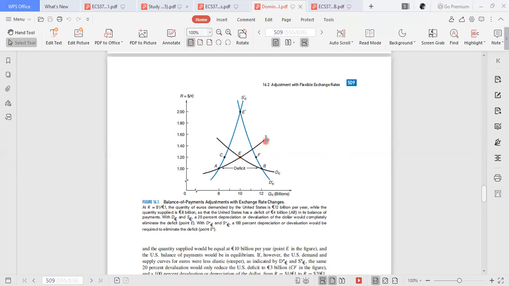So only the supply of bread and the demand of the bread will give us the equilibrium price of bread. We cannot mix the two. And you have to take note that this is our referral currency. Our referral currency is the currency that we also include within the diagram.